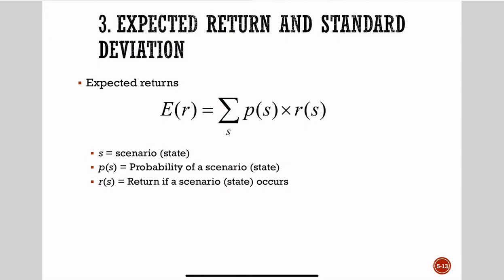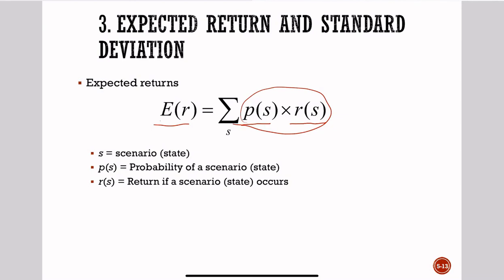Here, you're given a probability distribution. Basically, you can see that the expected return is given by the return under a certain state times the probability of that state, and then you sum up all these numbers.